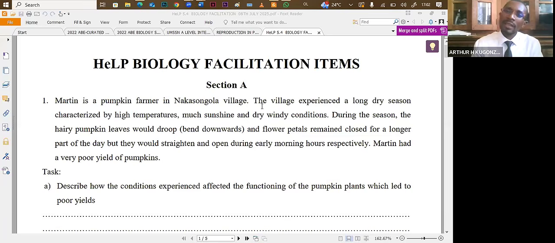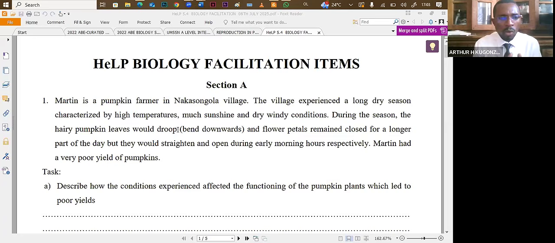Then they are saying the village experienced a long dry season characterized by high temperatures. Is there anything that we want? There is nothing. Much sunshine and dry windy conditions. There is also nothing there. During the season, the hairy pumpkin leaves would droop. So we first pause there. What are we looking for?